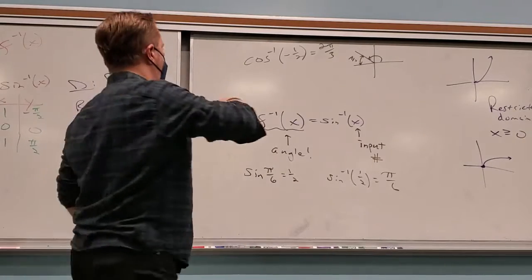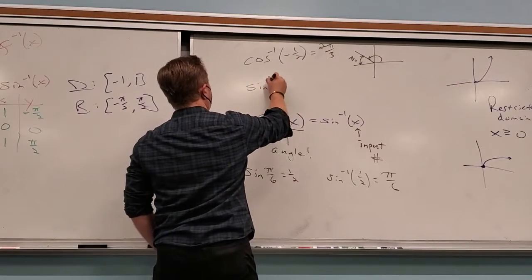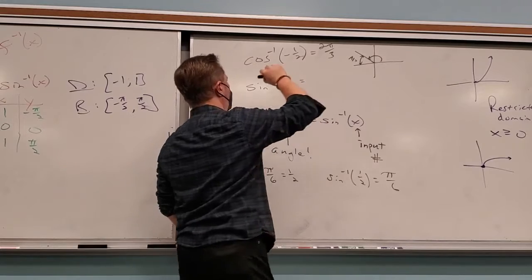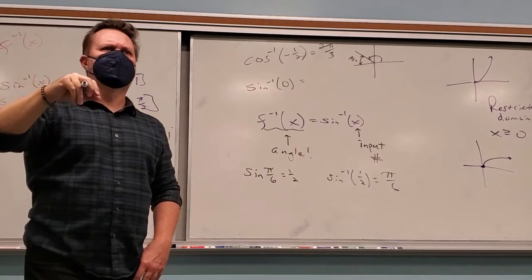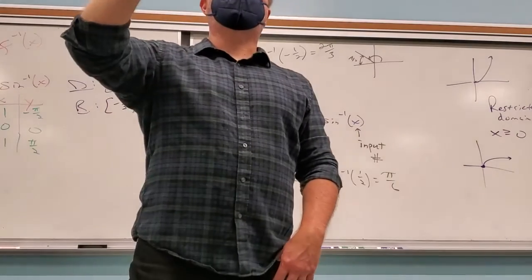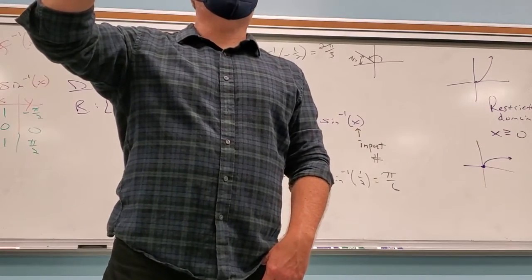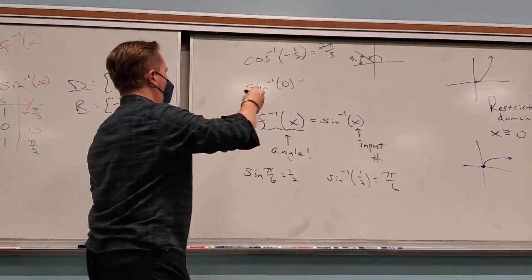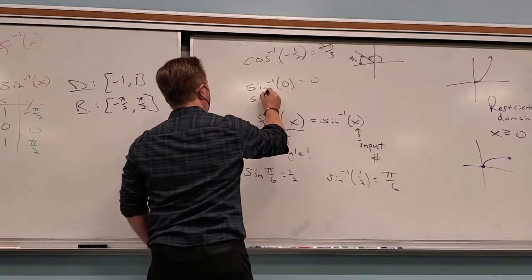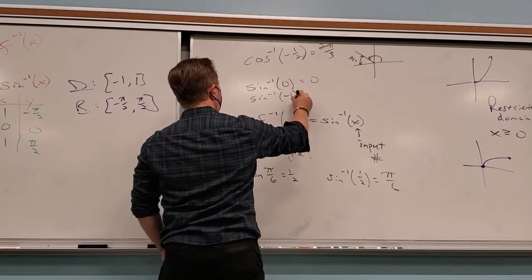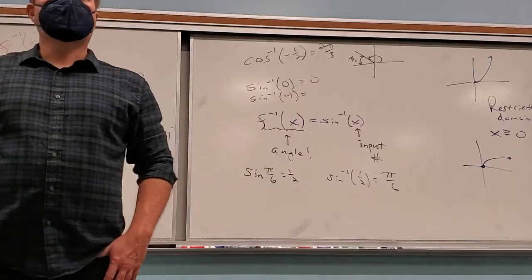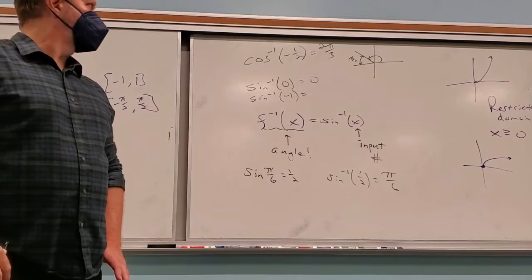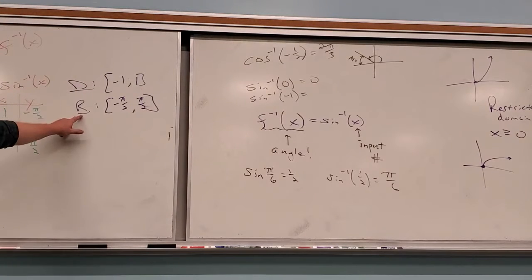And maybe, let's do sine. What's inverse sine of 0? What are you thinking to yourself? You're thinking, the sine of what is 0? 0. Now here, let's see if you guys have been paying attention. What's inverse sine of negative 1? What's the range of inverse sine?